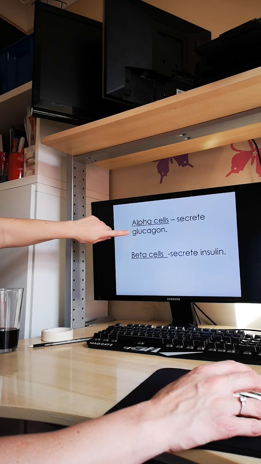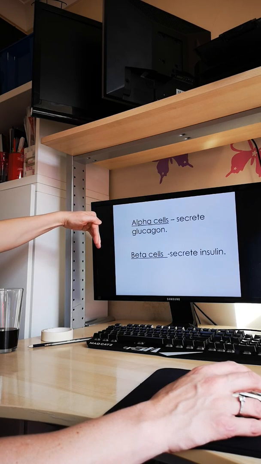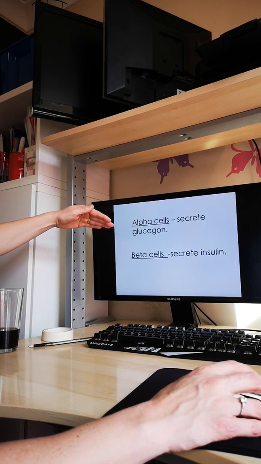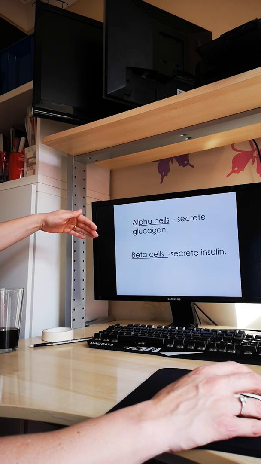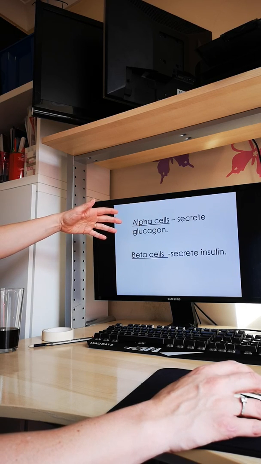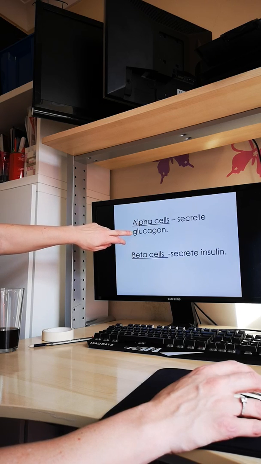So that is a negative feedback loop. We've detected a drop in blood sugar, the receptors have caused the pancreas to secrete glucagon, and the glucagon has then bound to target cells, causing glucose to be released into the blood.